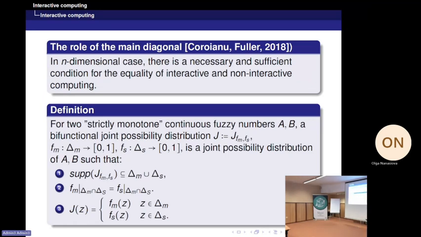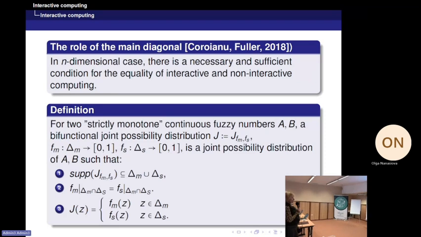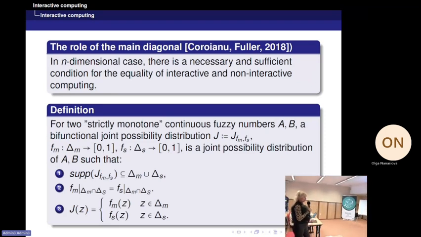And if you leave this space of triangular shaped numbers, which I really strongly recommend, and you work with, say, bell shaped functions, which is a wider version of this, you can probably work using the theory of generalized functions.